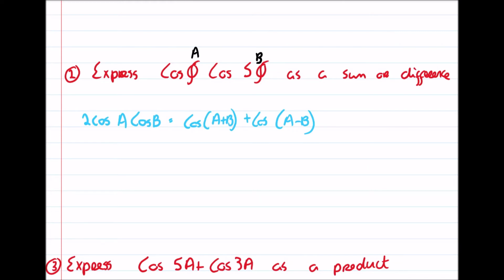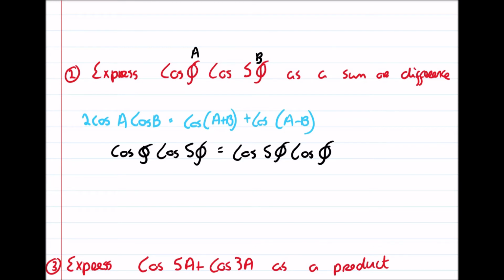The first thing we have to do is we're going to change this and this. Why? Because remember I said earlier, we always try and put the biggest angle first. So I'm going to say cos theta cos 5 theta equals cos 5 theta cos theta. So I'll be working with this.